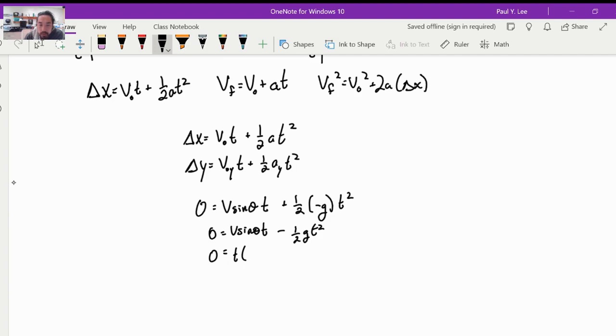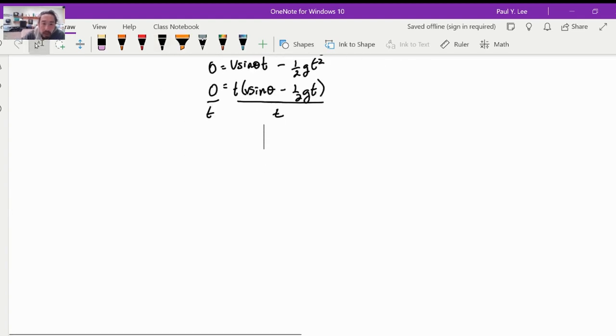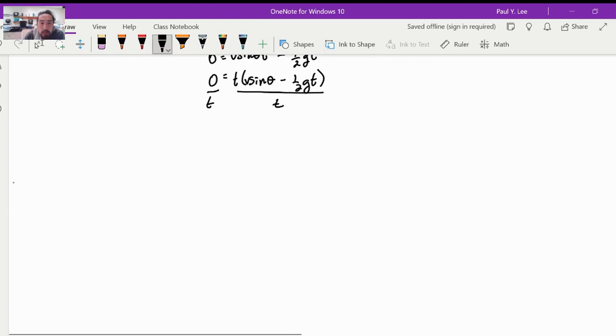So we get t times v sine theta minus 1/2 g times t. And we're going to divide both sides by t. That way, we can actually eliminate t overall, because 0 divided by t gives us 0. So we get 0 is equal to v sine theta minus 1/2 g t.